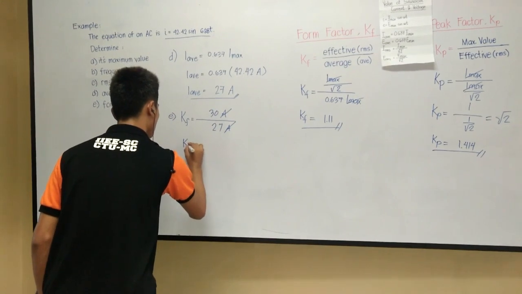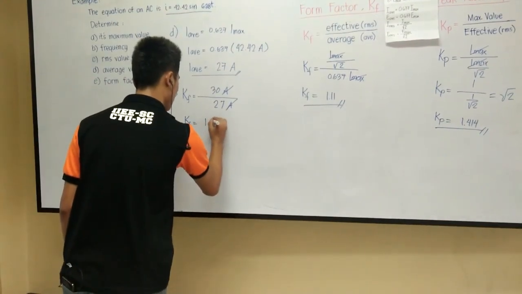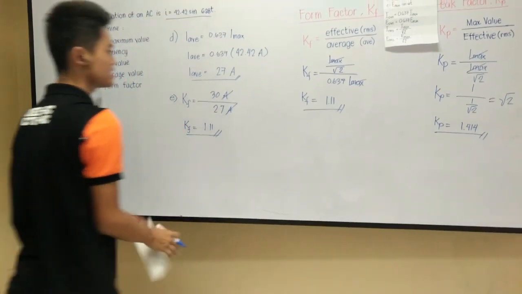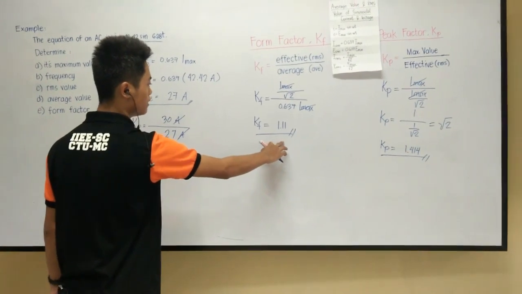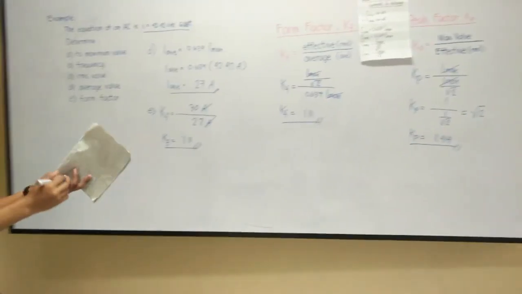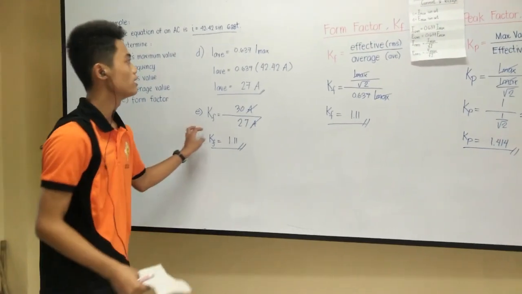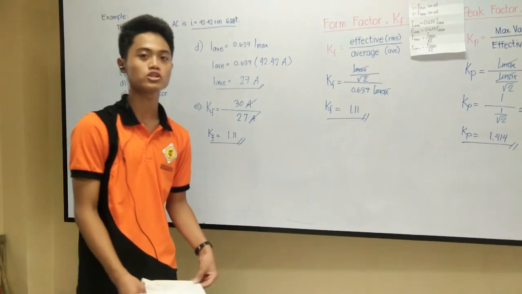Now our form factor is 1.11, and it satisfies our derivation here, which is 1.11, and it is observable that form factor and peak factor are constants in terms of sinusoidal equations.